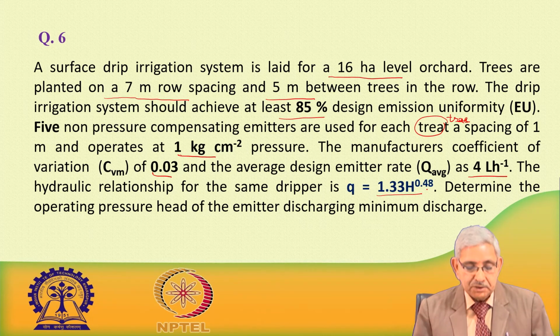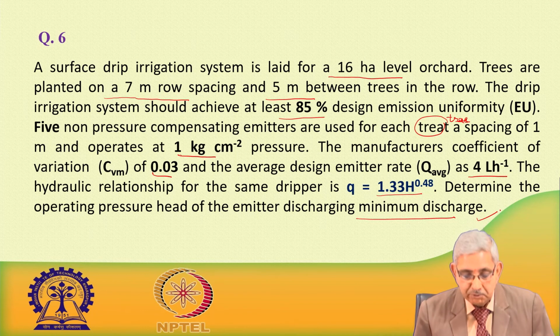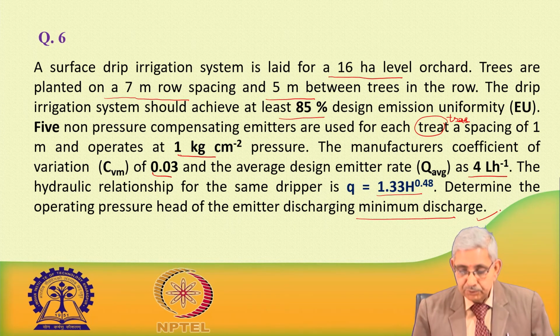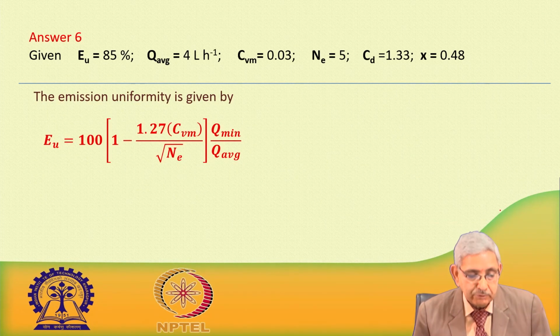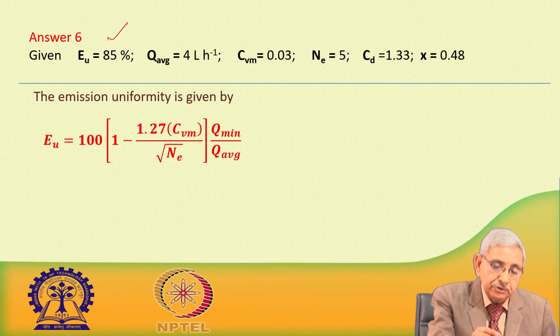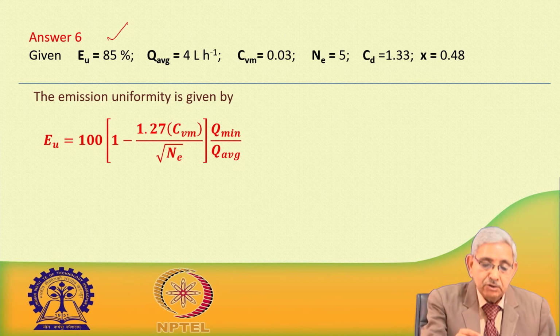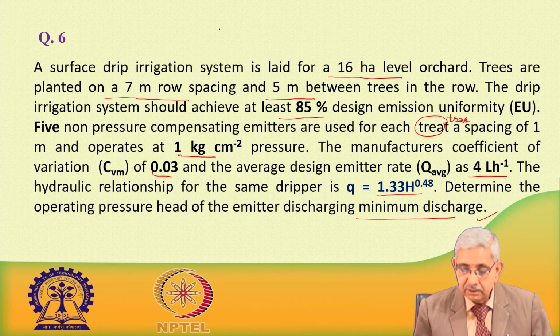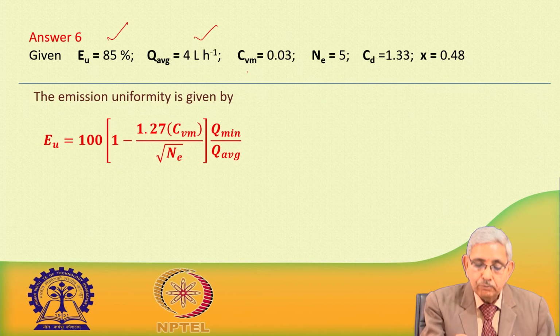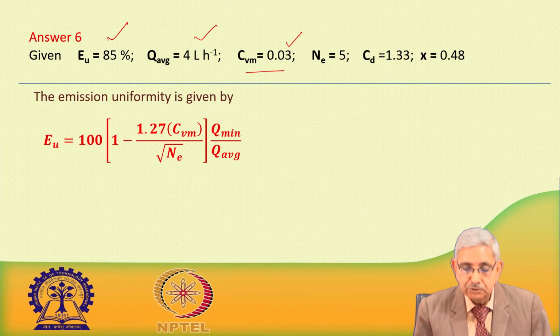Determine the operating pressure head of the drip emitter which is delivering the minimum discharge. For this we will find out the operating pressure. From the given data, the target is that EU should be 85%, average discharge of the dripper is 4 liter per hour, and manufacturer's coefficient of variation is 0.03.